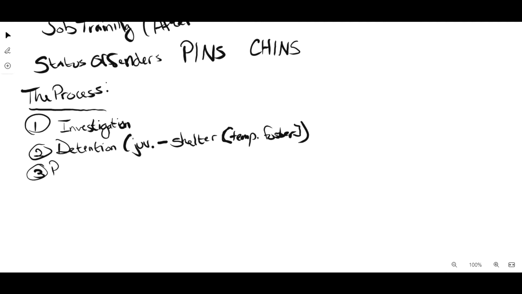Then we get into pretrial procedures. Again, we'll talk more about this in our chapter 13 material, but the pretrial procedures are all the normal stuff like plea bargaining, listing the crimes, etc. We've talked about it before in the larger system, but we'll be talking criminal justice, juvenile in next week's notes.